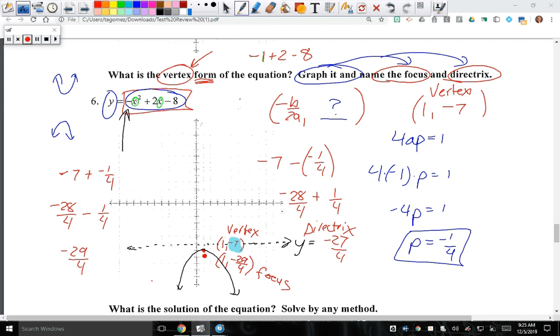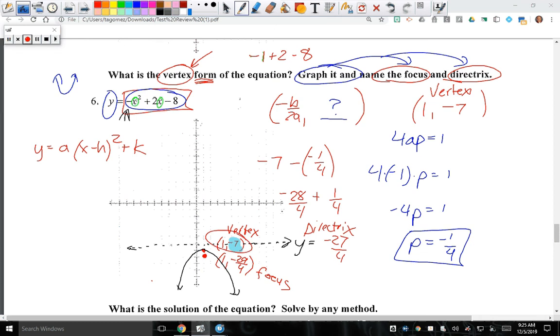So we still have to give the vertex form of the equation. So my vertex did end up becoming 1, negative 7. And this 1, negative 7, the vertex, is going to go x minus 1, because everything in parentheses we do the opposite.